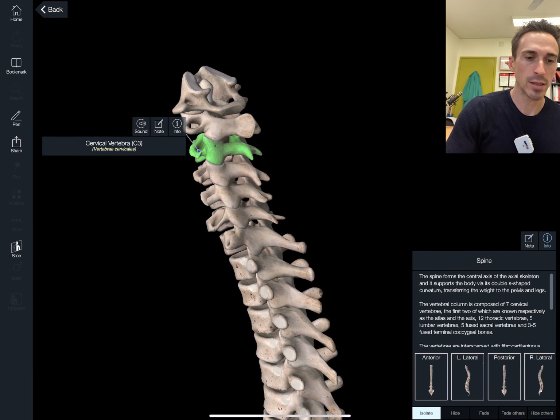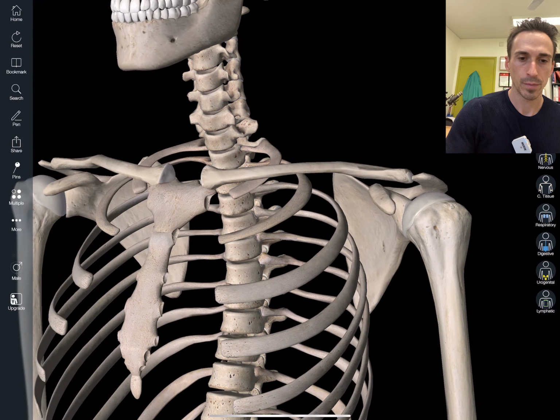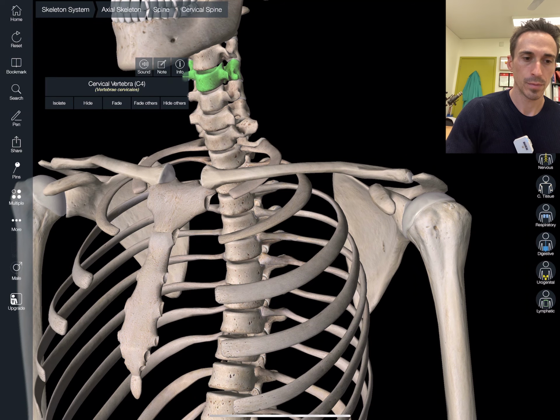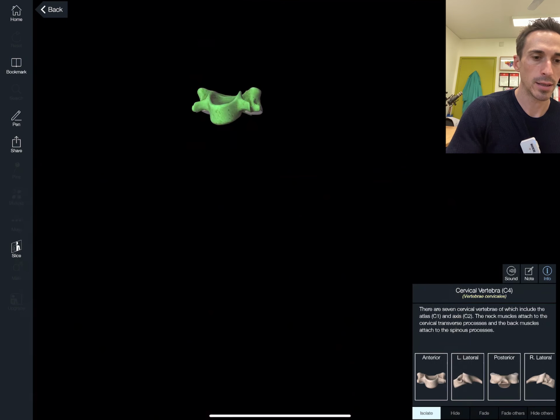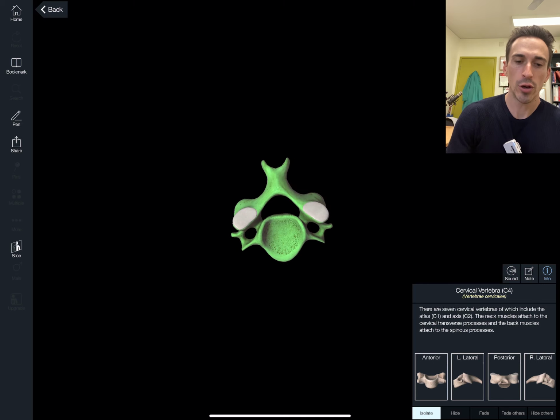If I were to isolate a cervical vertebrae, let's isolate C4, for example. What are the things that you can see? So you can see that we have the body of the vertebrae. That's the largest part. That's the weight transmitting part. You've got the spinous process and you've got the transverse process.